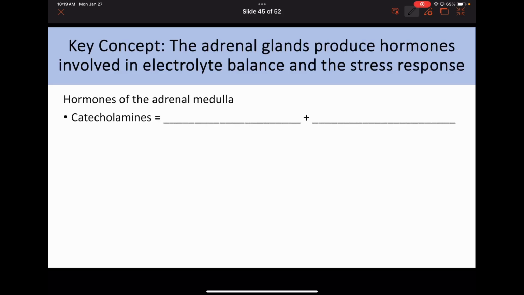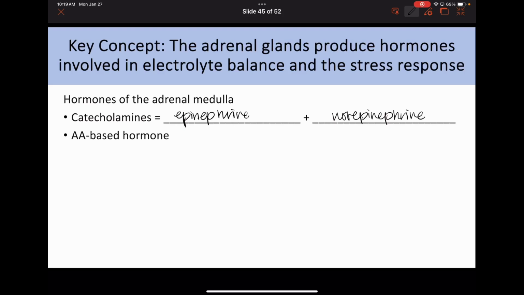And so hormones for the adrenal medulla include our catecholamines. Your epinephrine and norepinephrine as a group together are called catecholamines. You did not have to know that in BIOL 32, but you have to know it now.